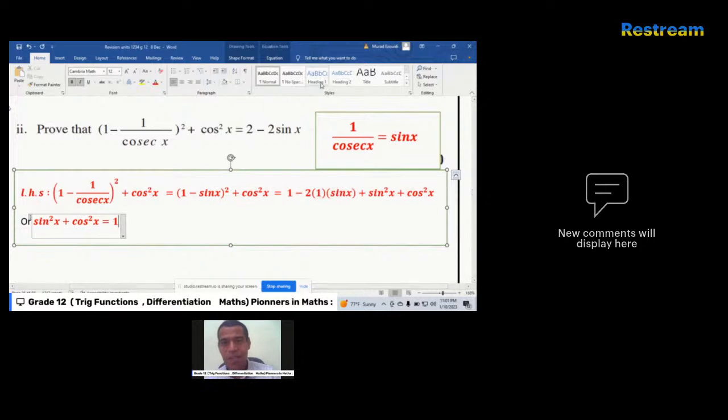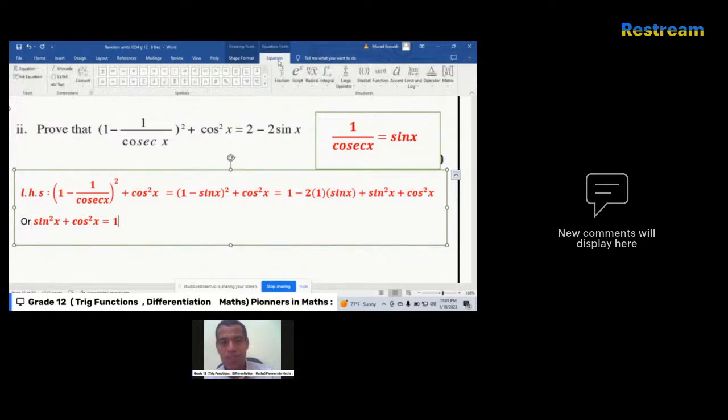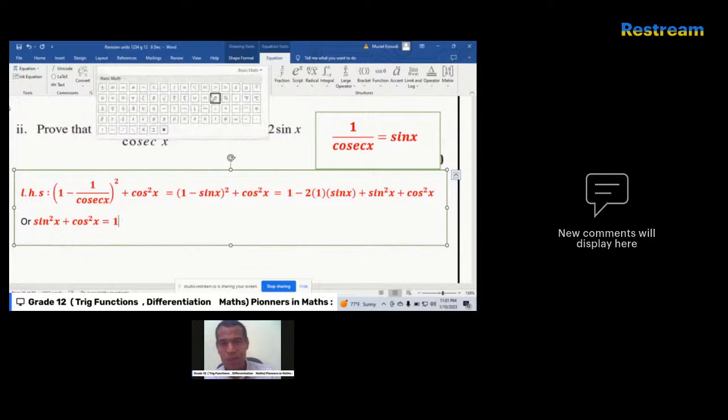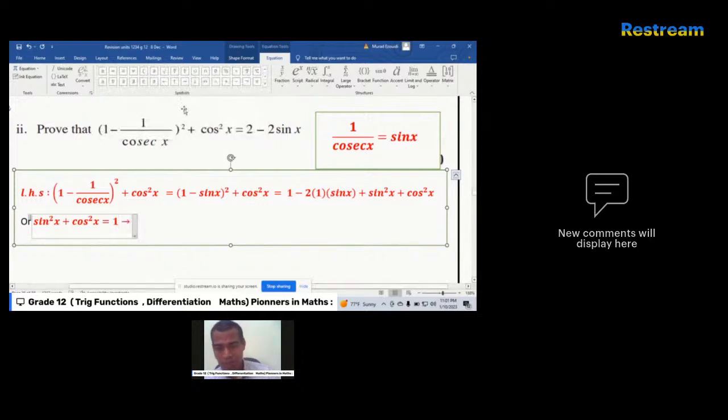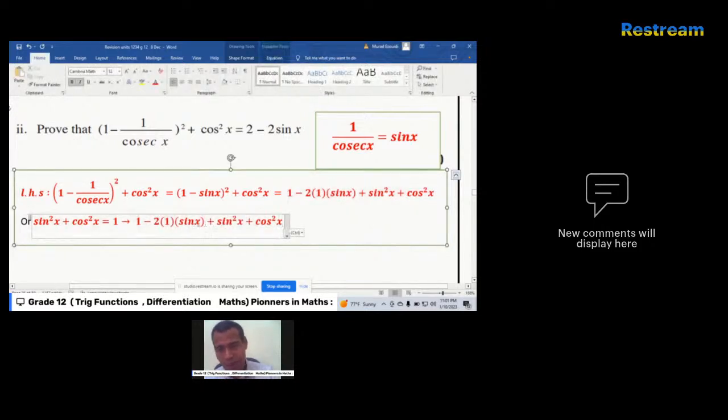That means I will write my original function that I'm going to prove as the following. This implies that 1 minus 2 sine of x plus sine square plus cosine square, which is equal to 1.